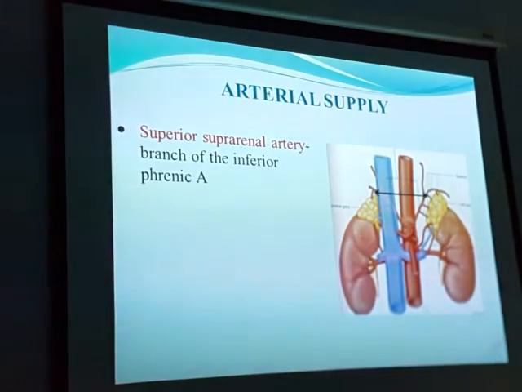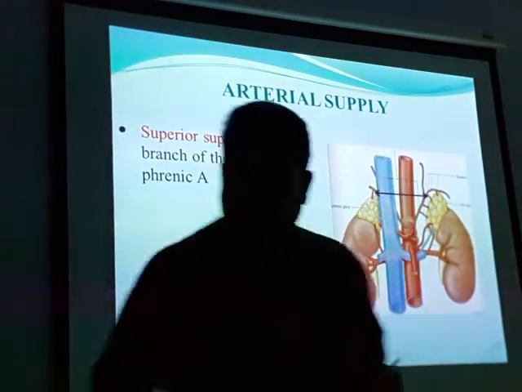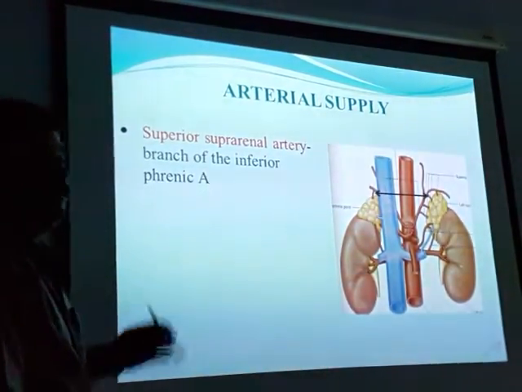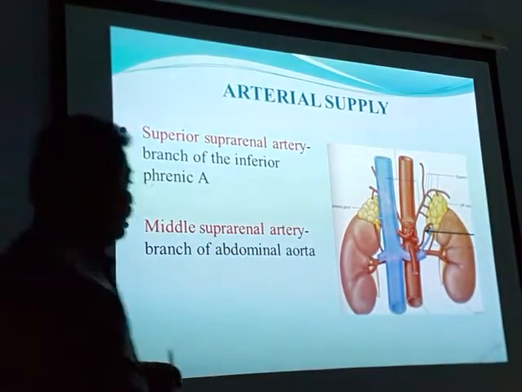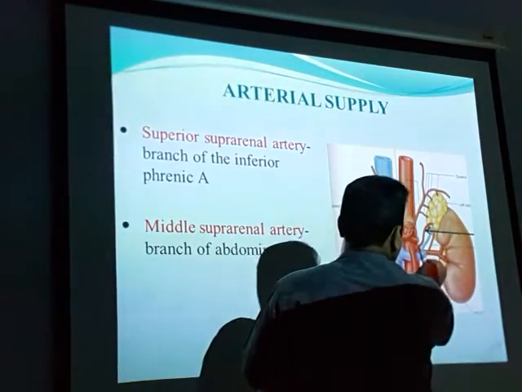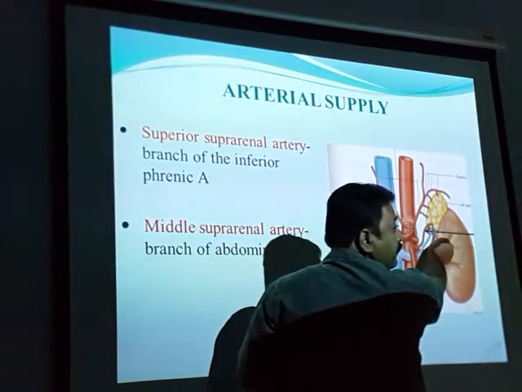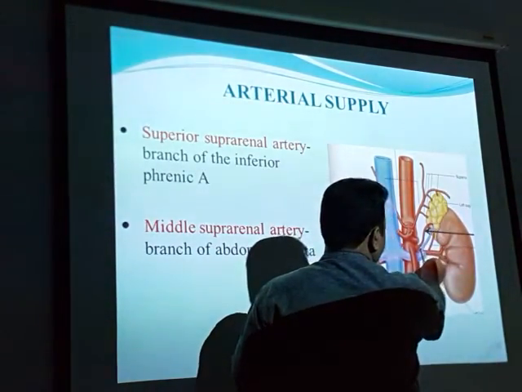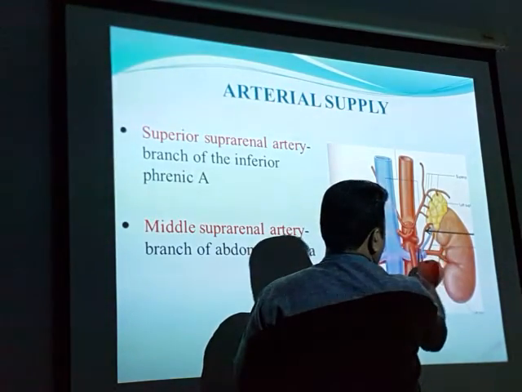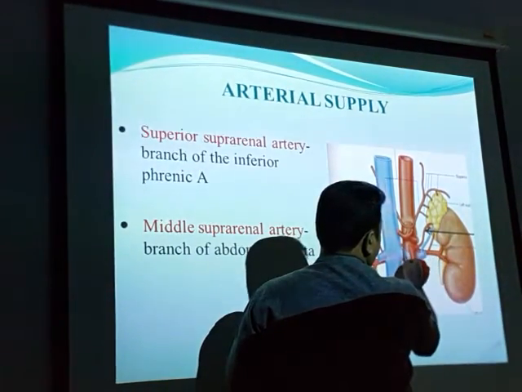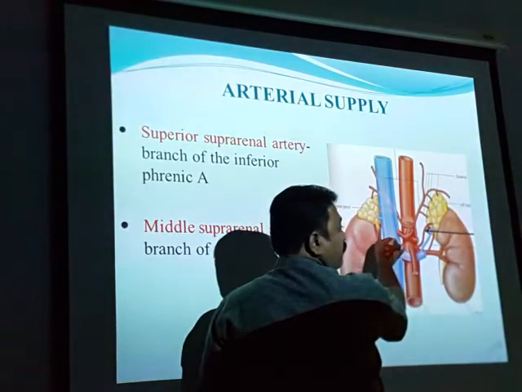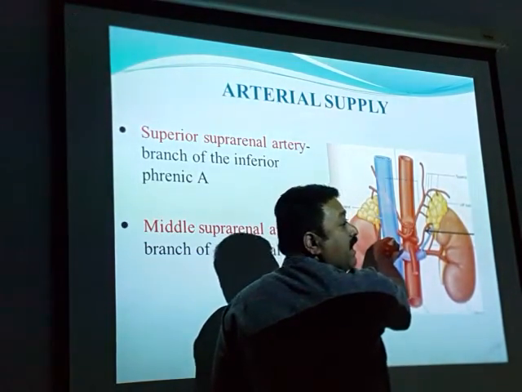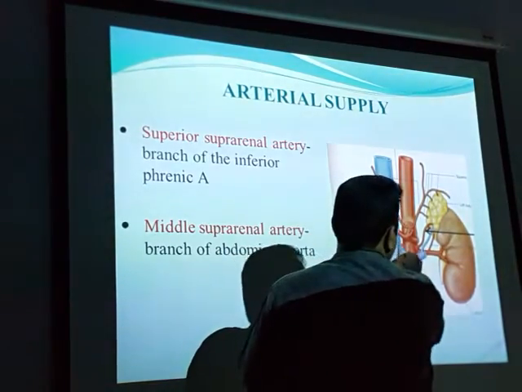There are three sets of arteries supplying the suprarenal gland. Next is the middle suprarenal artery, a branch directly from the abdominal aorta, on either side.